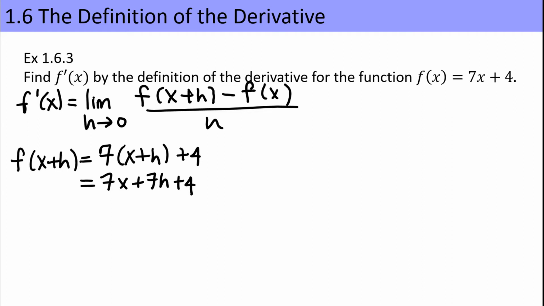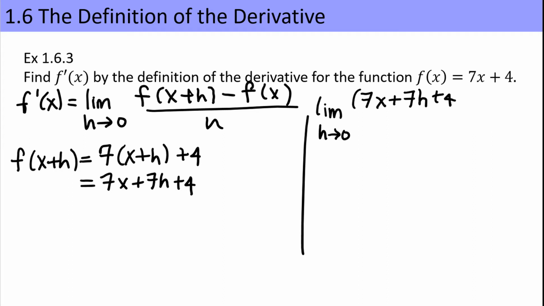Now let's compose. We will have the limit as h approaches 0 of, and for f of x plus h, we will replace that with 7x plus 7h plus 4. And then we just subtract the function. That's what f of x is. So we will put in 7x plus 4 for the f of x, divided by h.